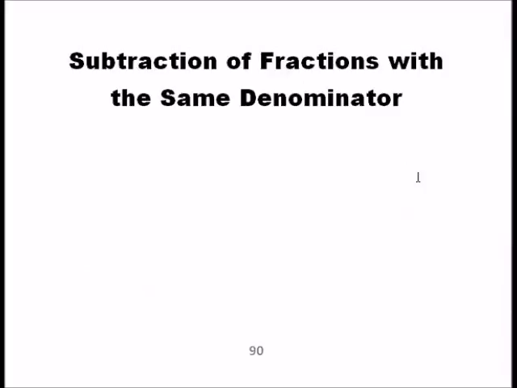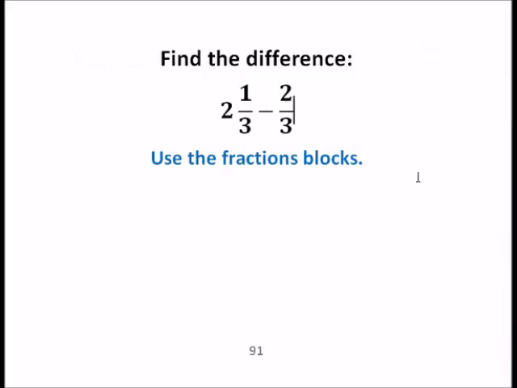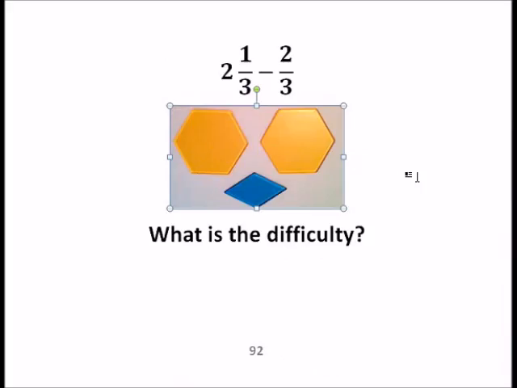Okay, let's look at subtraction of fractions with the same denominator. So we ask the students to take out their fraction blocks, 2 1/3 minus 2/3. The first problem we see is that we don't have two blue blocks to take away.